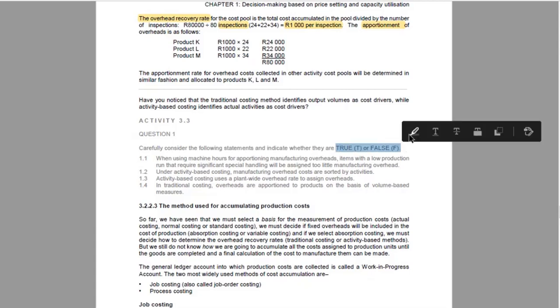Okay, so with that being said, let me ask you a true or false question. Which one is true? Which one is false? Just a sec, guys.